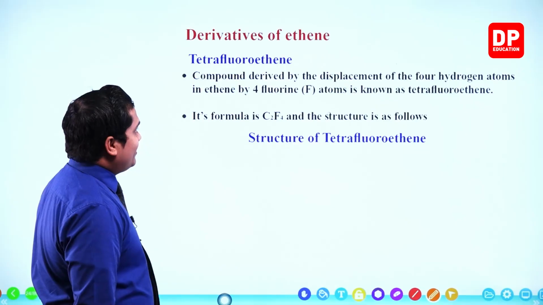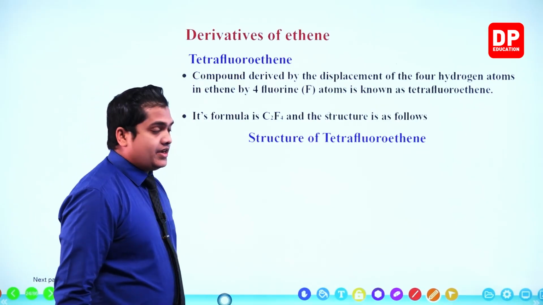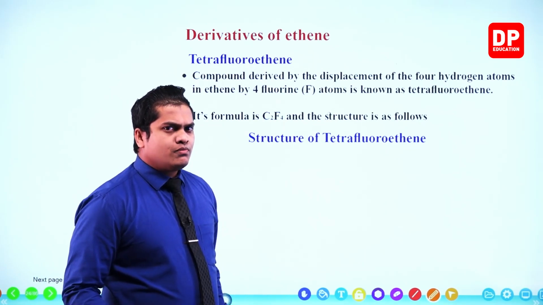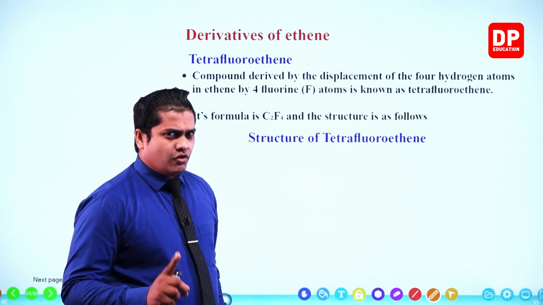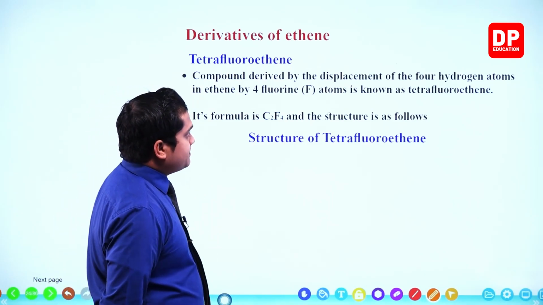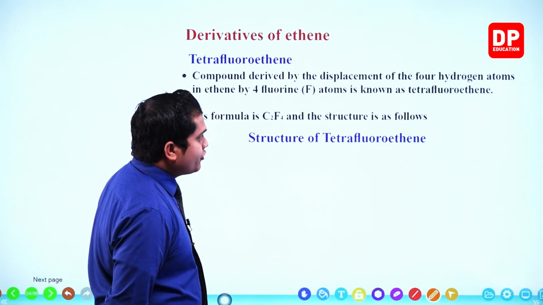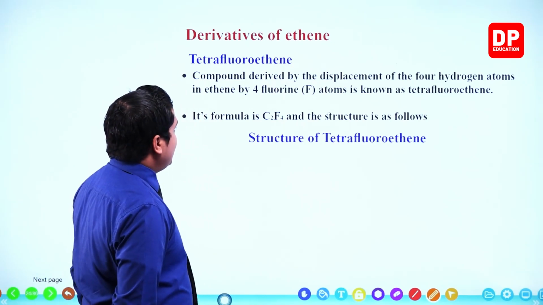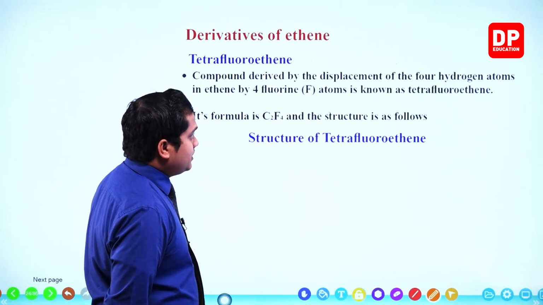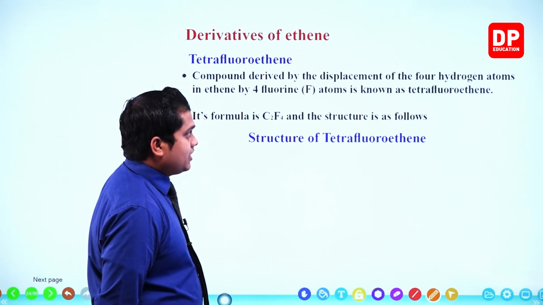Then the next one, tetrafluoroethene. It goes by the name fluoro, meaning fluorine should be there. The compound derived by the displacement of 4 hydrogen atoms in ethene by 4 fluorine atoms is known as tetrafluoroethene.